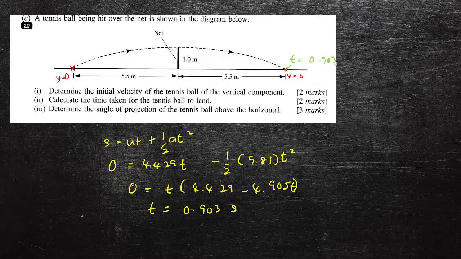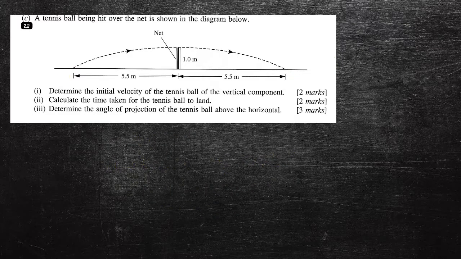Now number 3, determine the angle of projection of the tennis ball above the horizontal. We use u sine theta equals 4.429 as the first equation.